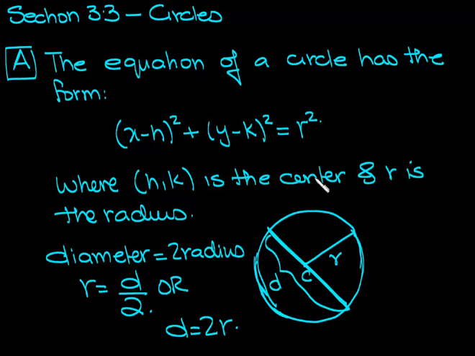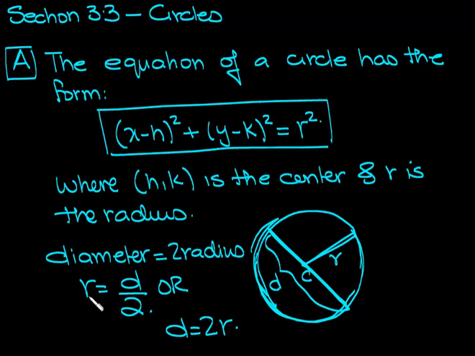So what is a circle? A circle is a collection of all points that are equidistant from a fixed point called the center, and that equidistance is called the radius. The equation of a circle is given by this, where h and k are the coordinates of the center and r is the radius.